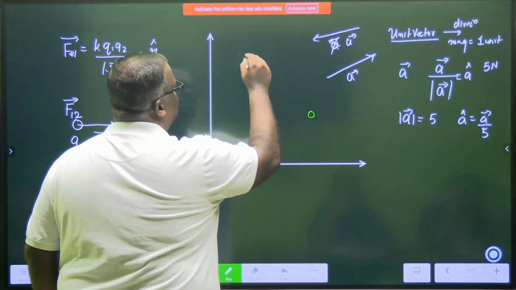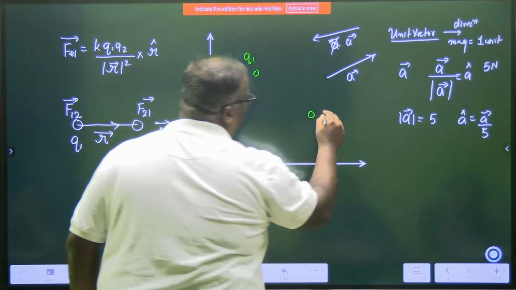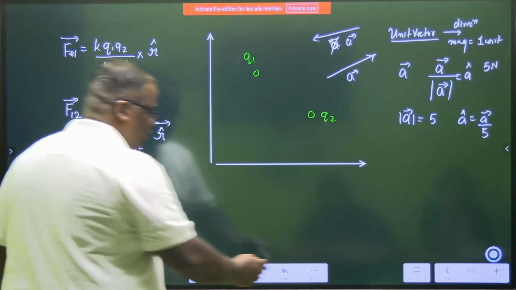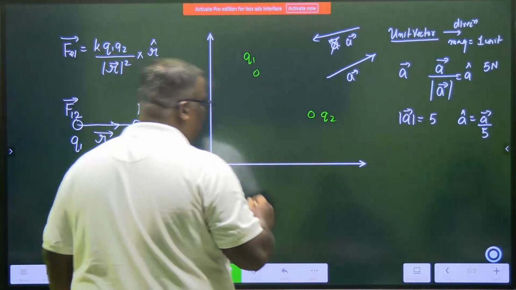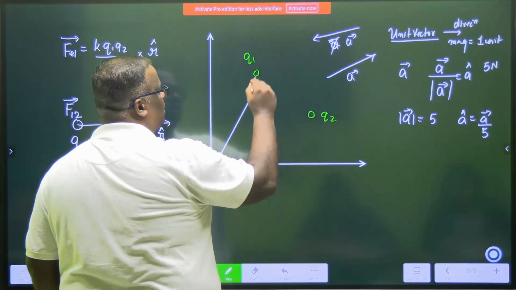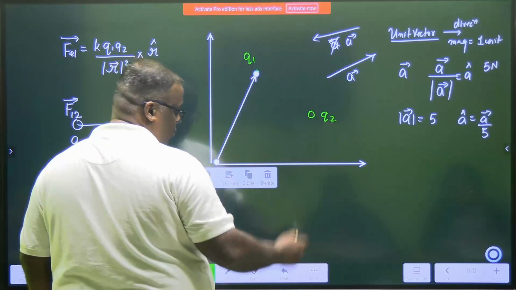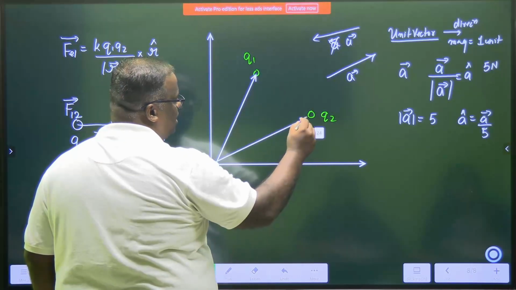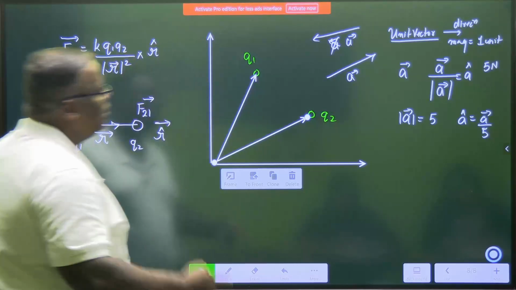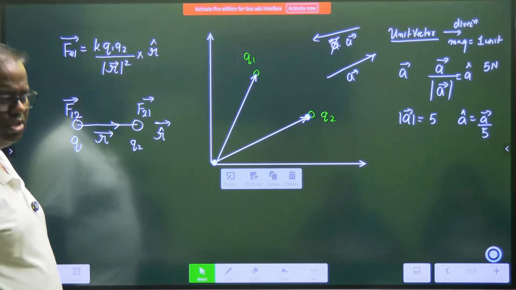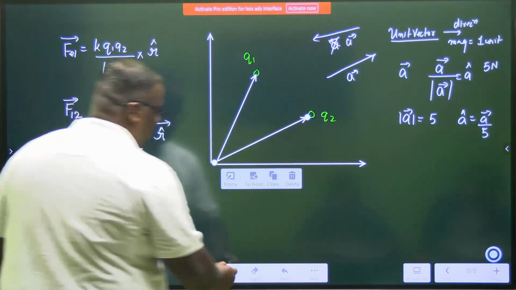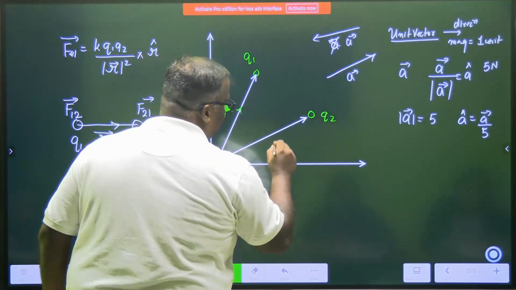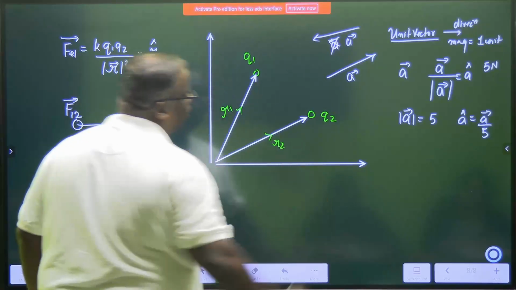There are two charges. Let me say this charge is q1 and this charge is q2. Fine. And this is the origin of the system, so you have to have something known as position vectors. Position vectors mean where the charge is located in context to a Cartesian coordinate system. So I call q1's position vector r1, and q2's position vector r2.